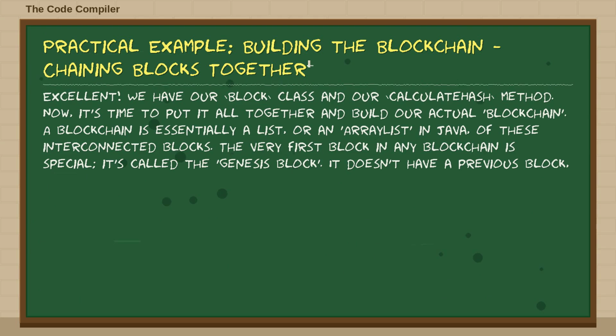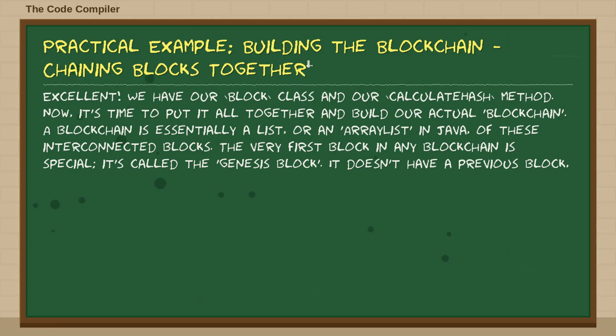After the Genesis block, every new block we add will reference the hash of the block that came immediately before it. This creates an unbroken, chronological chain. On the whiteboard, observe our blockchain class. It holds an ArrayList of block objects.